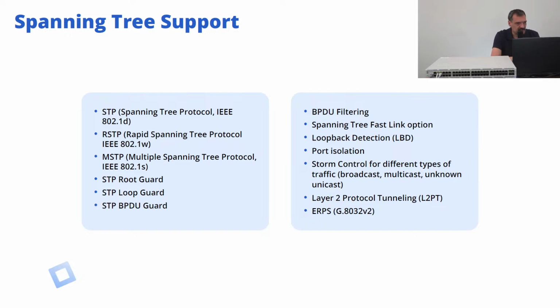So for this kind of problem, we also have the storm control feature, which is really efficient and effective. All three kinds of storms, which are broadcast storms, multicast storms, and unknown unicast storms, we can detect and we can appease them, and there are some modes of functioning for this storm control.